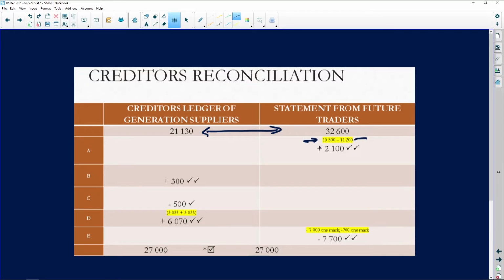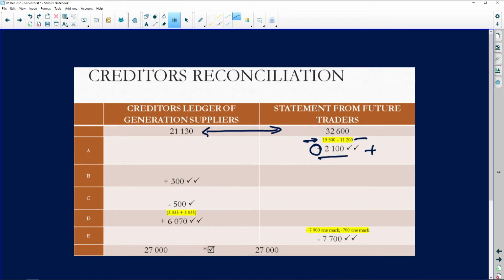That operation is very, very important. It's a plus 2,100, because if you got the operation wrong, then your calculation is going to be wrong. Because the invoice was understated by the company, they must increase their amount by 2,100. Therefore, you can see plus 2,100 in the statement, because the error was made on the statement.